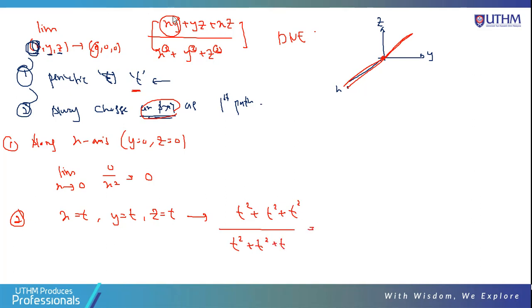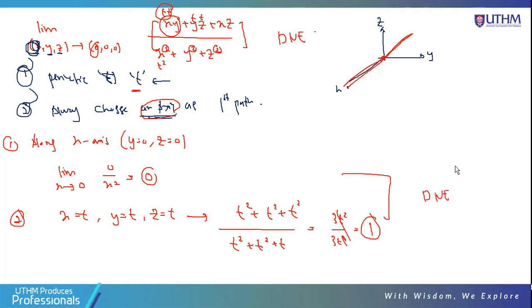Okay, this one t multiply t square, t multiply t square, t square. So 3t square, 3t square. So multiply, simplify. So you get 1 and 0, which is not the same value. So you have already proved that the limit does not exist.